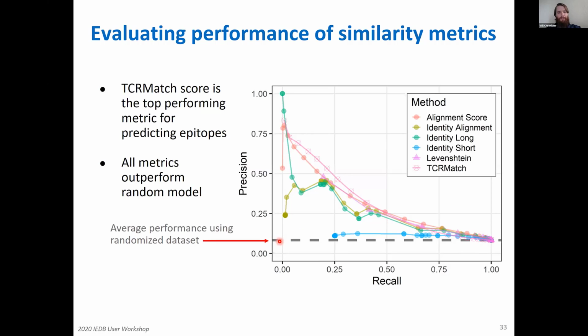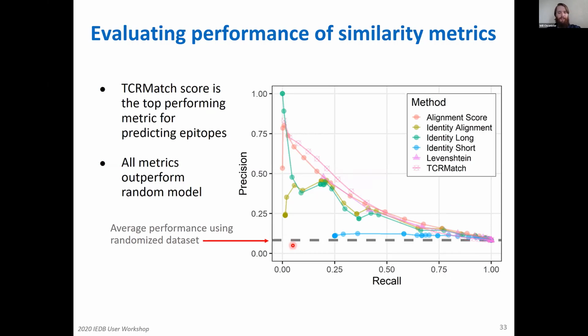The dashed line refers to the average performance for a randomized data set, and that is roughly 0.08 in precision. So if you were just to pick a match at random and see if the epitopes matched up, you'd have about a 0.08 chance.